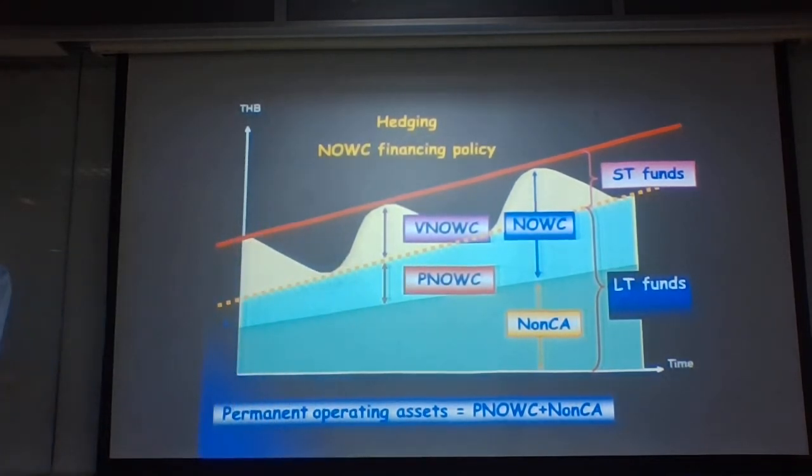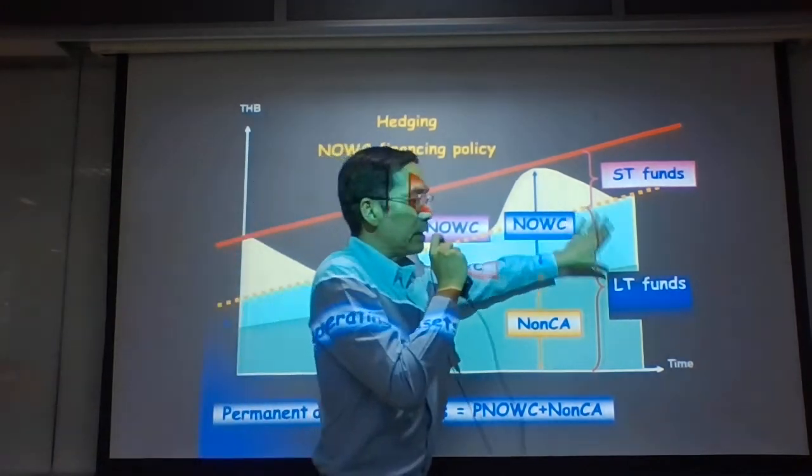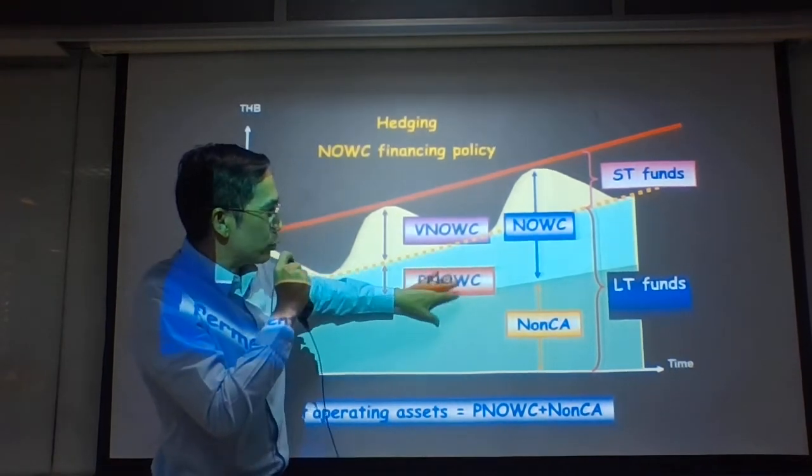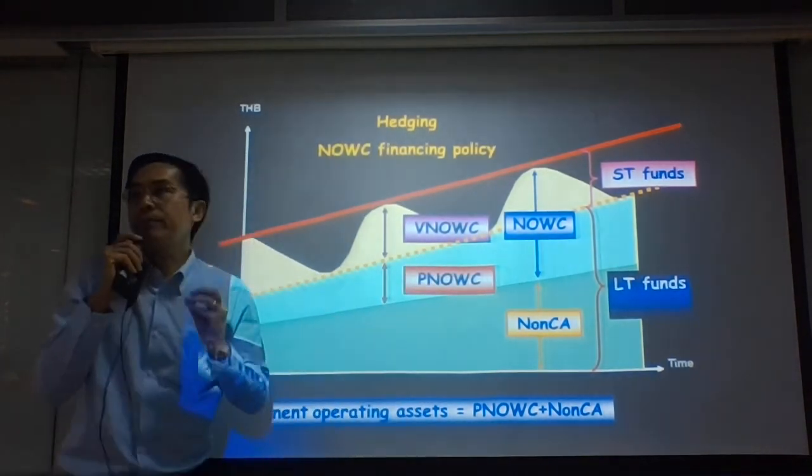So both 2.1 and 2.2 are permanent operating assets. And therefore, according to the matching maturity policy, the firm is going to use long-term funds because the maturities of these two types of assets are long-term.